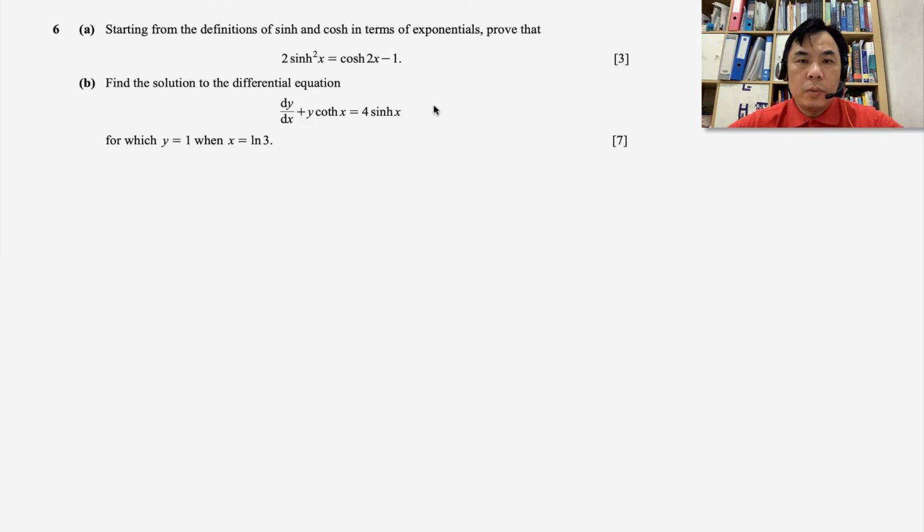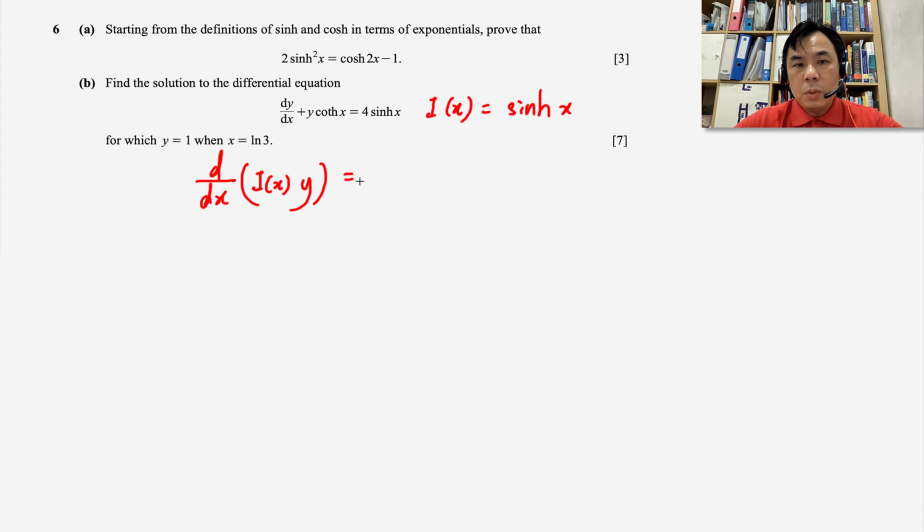All right, now we have already found our integrating factor, which is sinh x. Therefore, we can transform this into the product rule form. So we can rewrite this as the integrating factor times dy/dx, the original form, plus the integrating factor with y, must be equal to the integrating factor with the 4 sinh x. Okay, that's how it looks like. And then from here, all you need to do is rewrite all this.